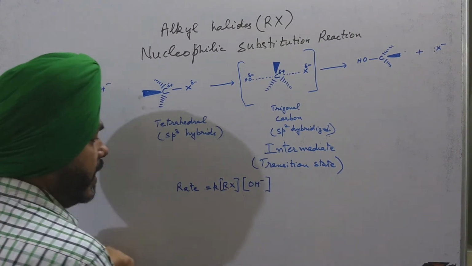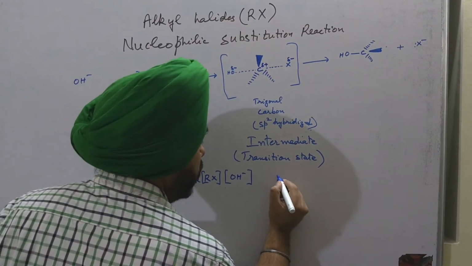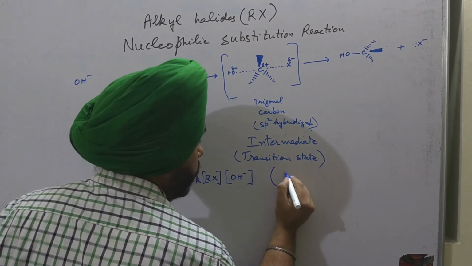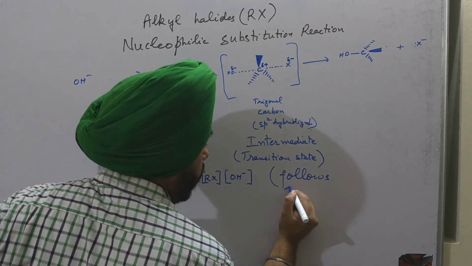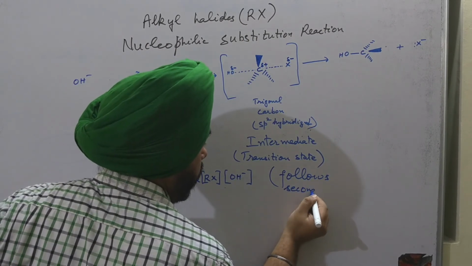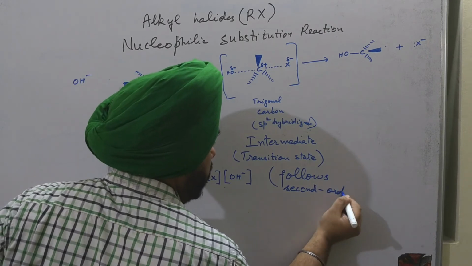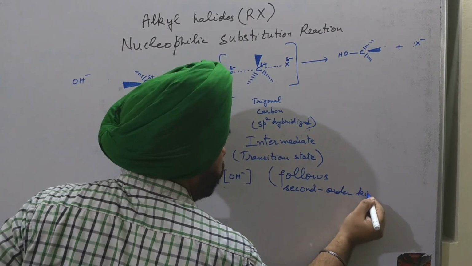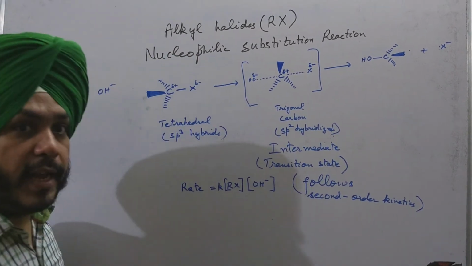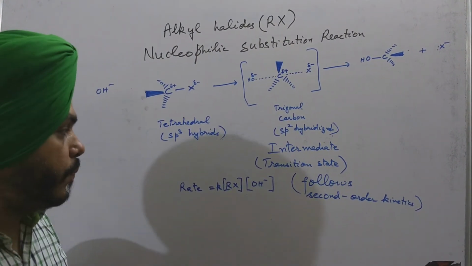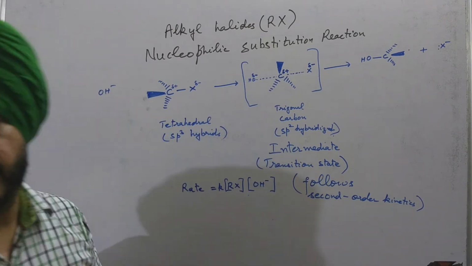So this kind of reaction follows second order kinetics. Second order kinetics, that is, its rate is dependent on both the alkyl halides and the nucleophile.